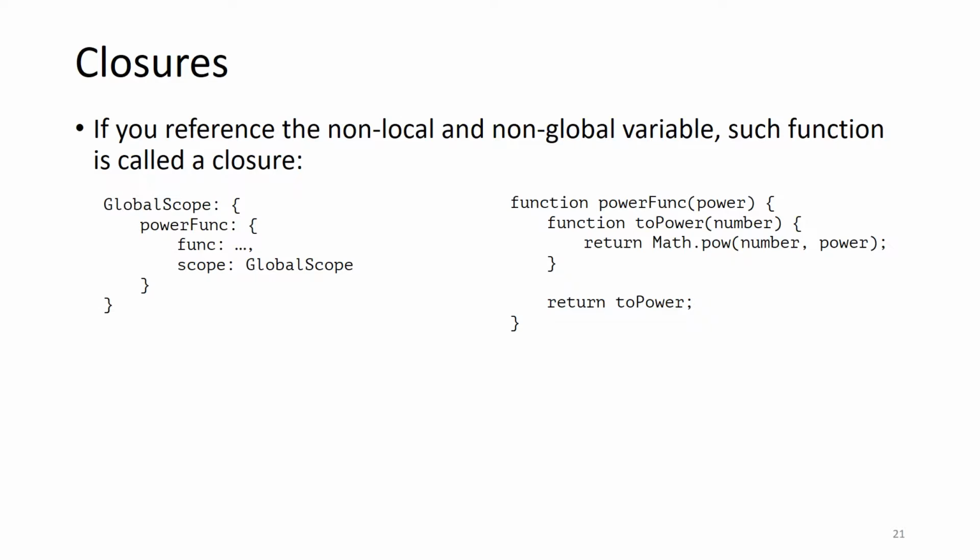How does it work? In global scope, we define our function, and its parent scope is global scope, as previously. Nothing changed here.